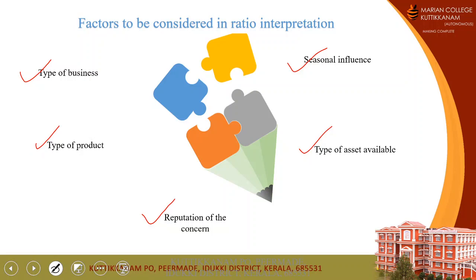in a company. Suppose a firm having less than 2:1 ratio may be having better liquidity than even a firm having more than 2:1 ratio. This is because the current ratio measures only the quantity of current asset and not the quality of the current asset possessed by a company.